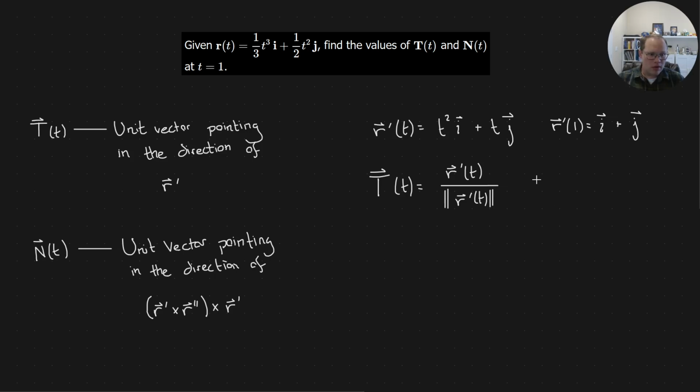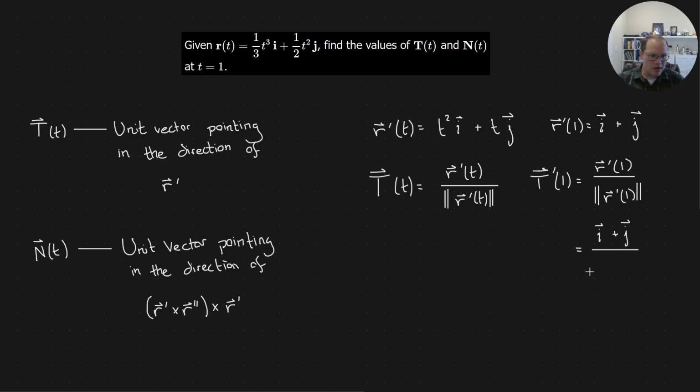And so all I care about is the unit tangent vector when t is equal to 1. So rather than plug all the variables into the formula, this will be a little bit easier to work with. In the numerator I just have r prime of 1, and in the denominator I need the norm of r prime of 1. In the numerator, vector i plus j.